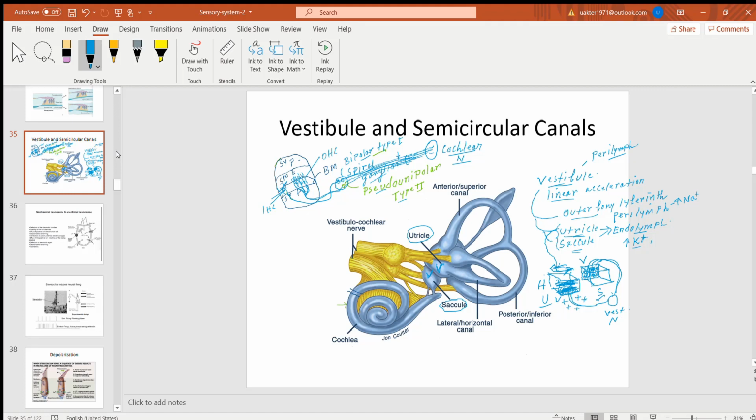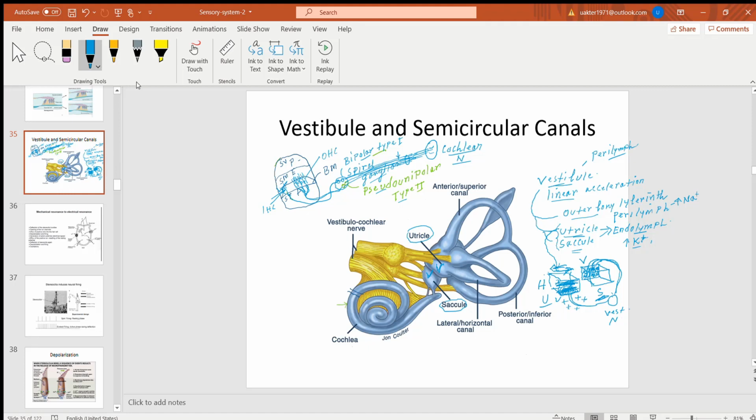Head tends to shake or moves down, and that up or down movement will activate the saccule. Or if after the lift stops, it starts again downwards, then your head or body moves a little bit upwards, and that will activate the saccule.